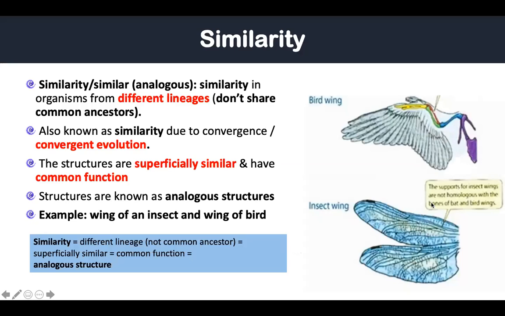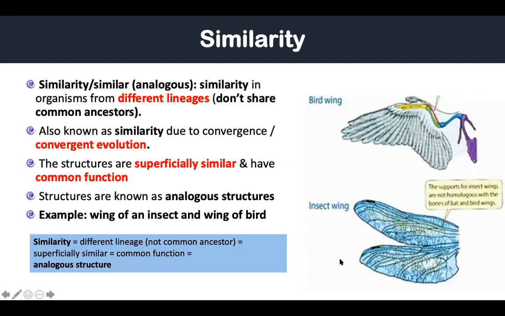Okay, so the first term, similarity or similar, is also synonymous to the word analogous. This actually means similarity in organisms from different lineages or from different ancestors. So these organisms don't share a common ancestor, but they still have similar superficial features. For instance, a bird which has wings and an insect which has wings.